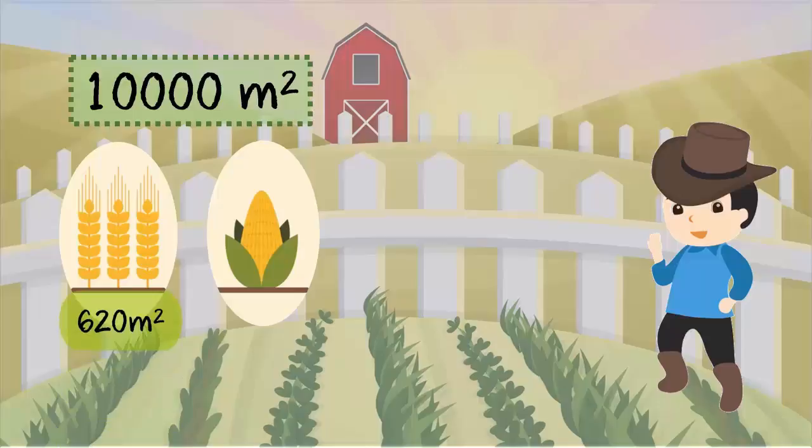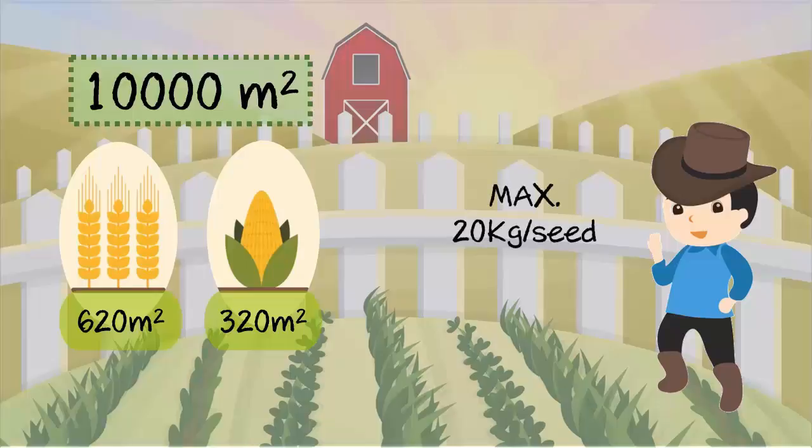For every kilogram of rice, he will need 620 meters squared of field, and for every kilogram of corn, he will need 320 meters squared of field. The maximum amount of seeds that can be planted in that crop field is 20 kilograms.